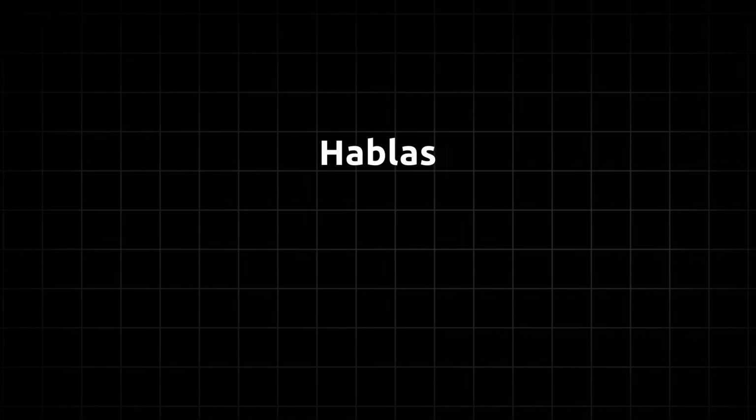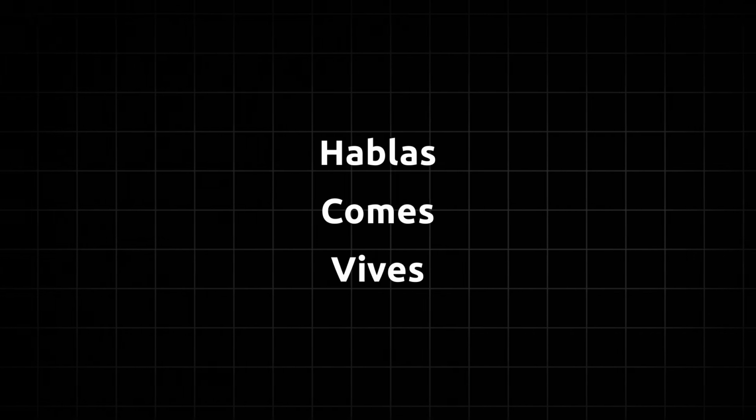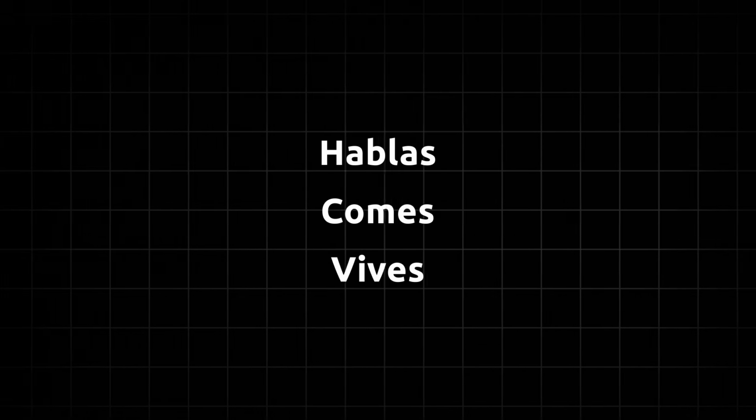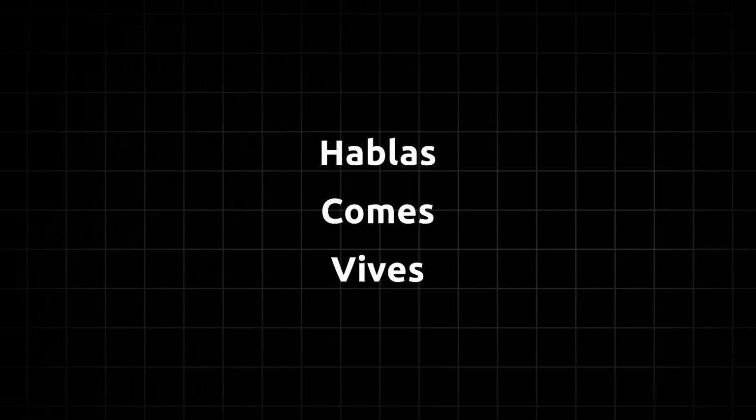Now compare them to hablas, you speak; comes, you eat; vives, you live. Notice this. For positive tú commands, Spanish often looks very similar to the normal tú form. Just simply remove the final S, right?